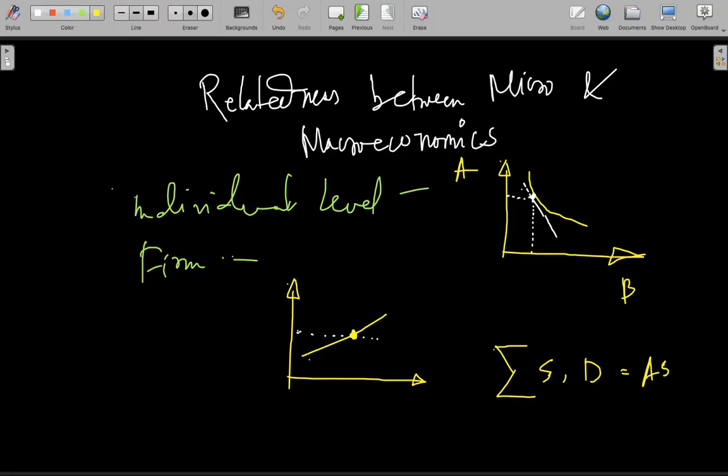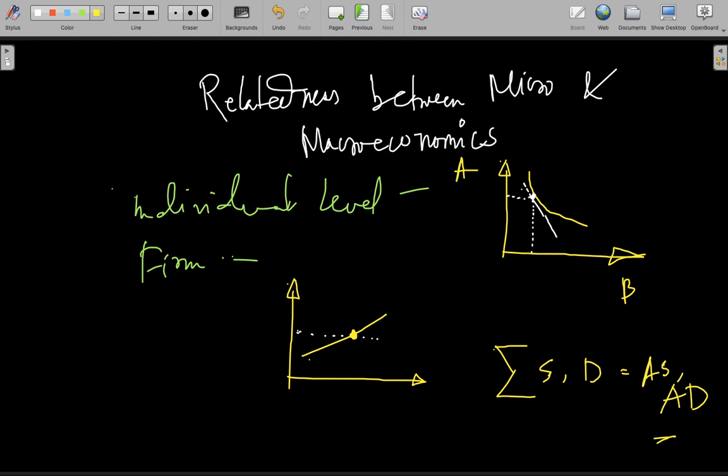We call it the aggregate supply curve, or the aggregate demand curve, the entire demand in the economy. That is the beauty of the microeconomics-macroeconomics relation: you take all the individual entities and sum them up, and what you get is the things that you study in macroeconomics, right?